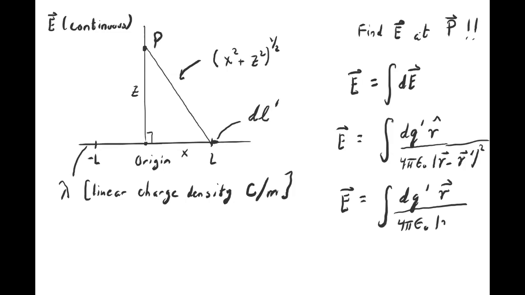You can do that. It just makes the denominator slightly different. Remember that r hat is just r minus r prime divided by its norm, length or magnitude. Let's give this a little bit more space so we can see exactly what's going on there.